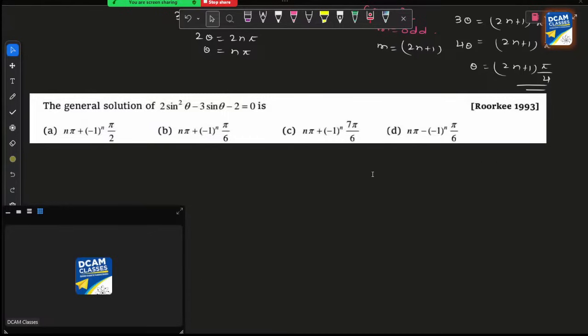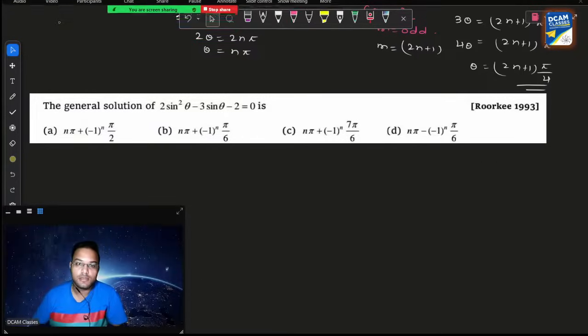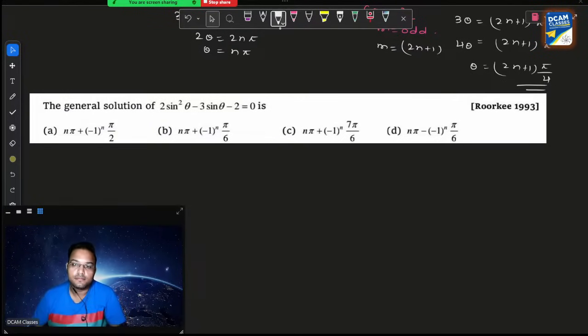No. The answer is option D. How is that? I got plus or minus... So I got sin x to be minus 1 by 2. Then you should get minus pi by 6, na? Why did you take 7 pi by 6? Okay. I didn't notice the minus. Okay. D.